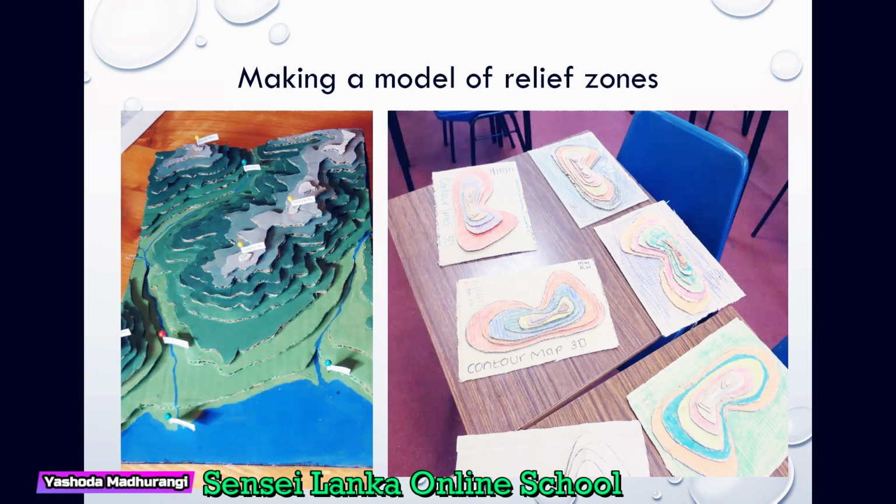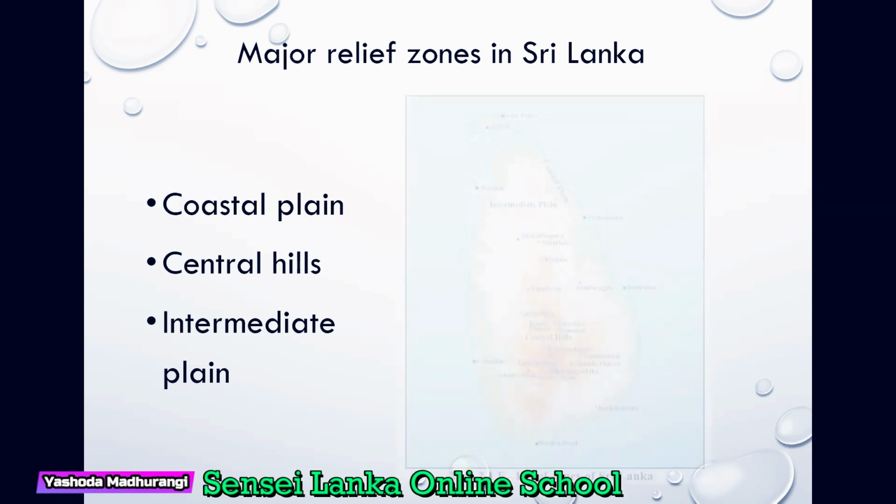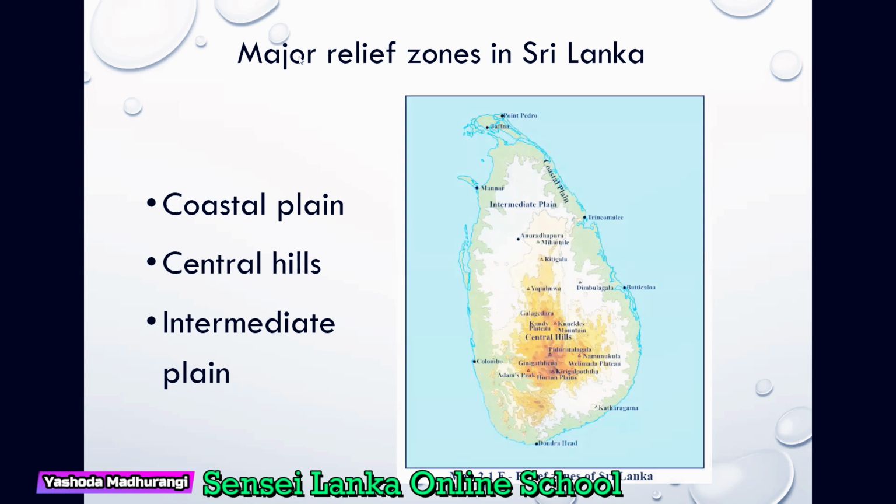So now, if you like, you can make the relief zones in Sri Lanka as a model. How can we make it? Think, I am taking some books to explain.